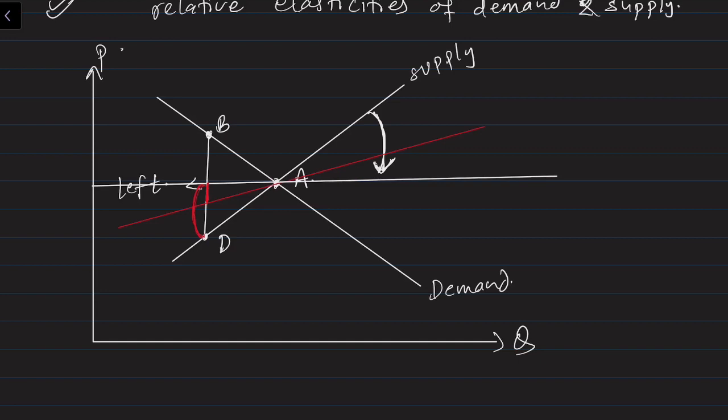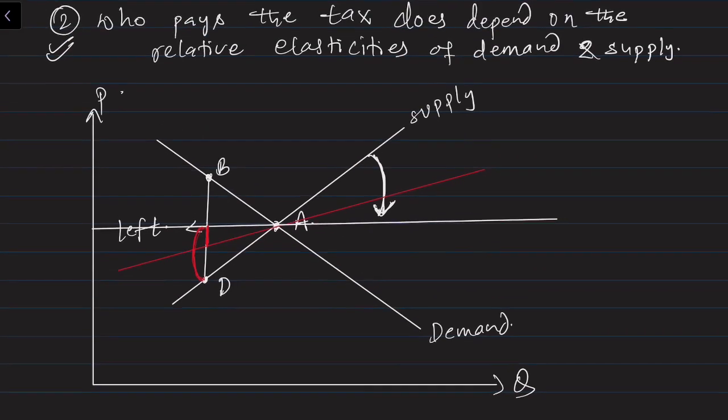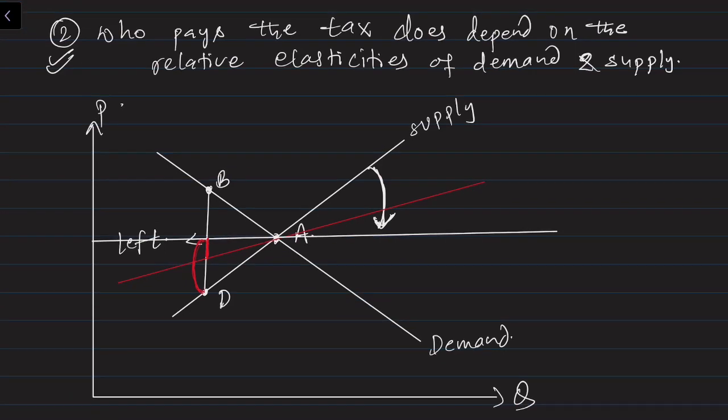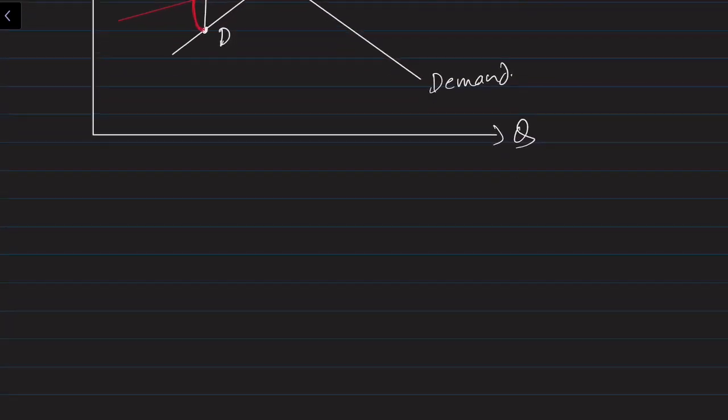And a similar argument holds for the demand curve as well. Whenever I rotate the demand curve in the anti-clockwise direction, the burden on the buyers will be lesser compared to the burden on sellers. So this explains that the tax burden depends on the relative elasticities of demand and supply. All right, let me write the remarks.